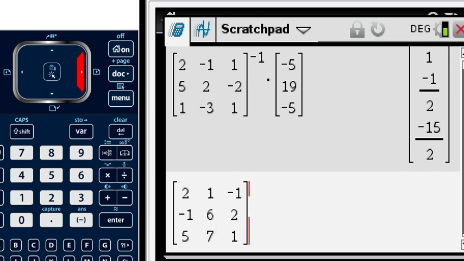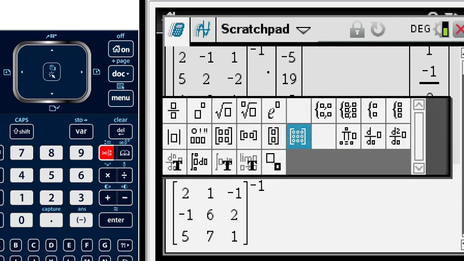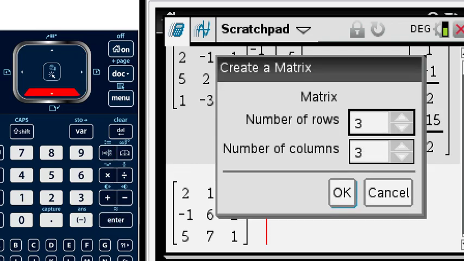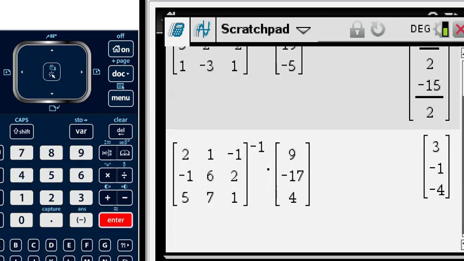I'm going to raise it to the -1. Matrices, make it 3 by 1. And I'm going to put 9, -17, and 4 in there. And that's my answer.